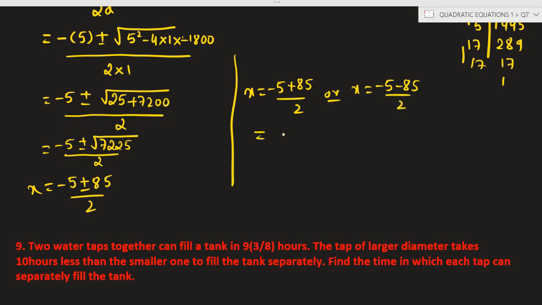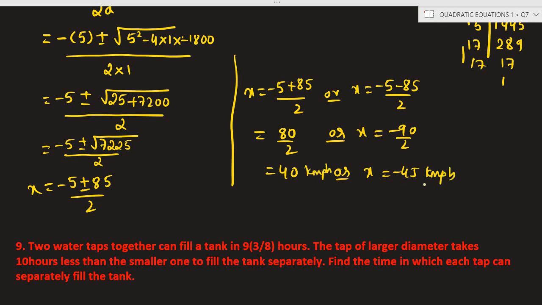See, minus 5 plus 85 is 80 divided by 2, or x is equal to minus 90 by 2. x is equal to 40 kilometer per hour, or x is equal to minus 45 kilometer per hour.